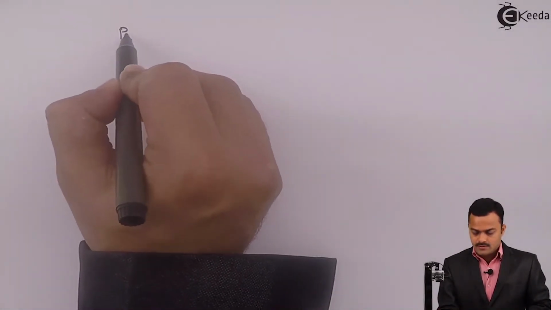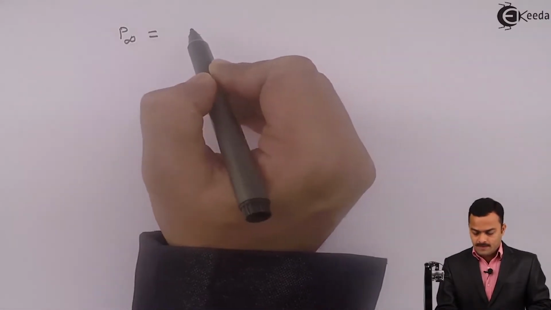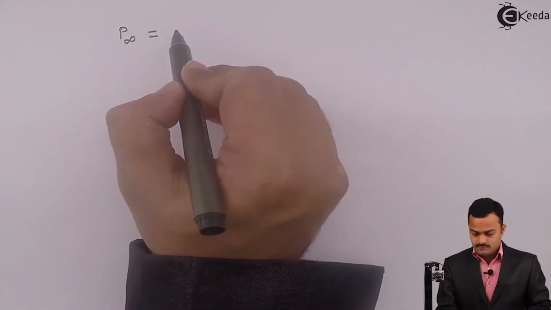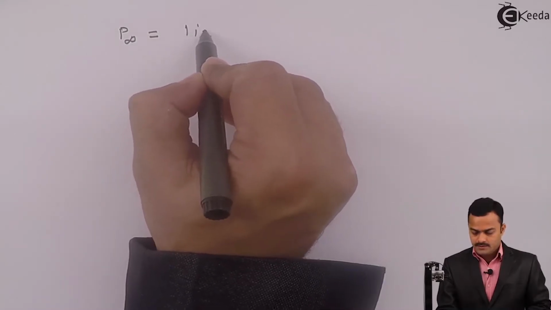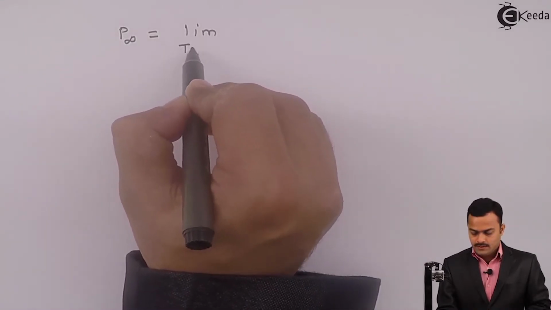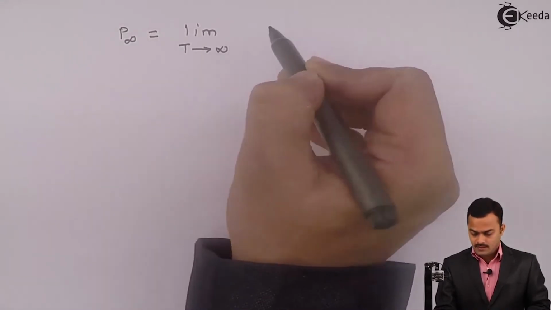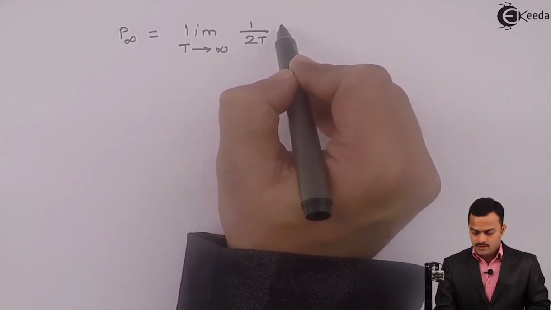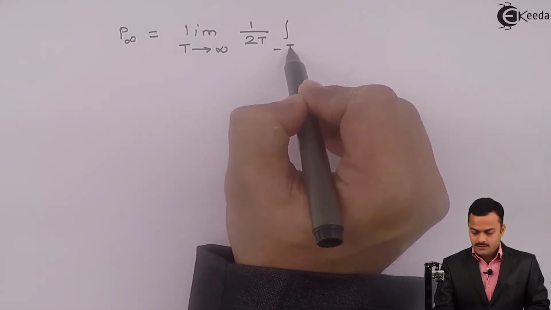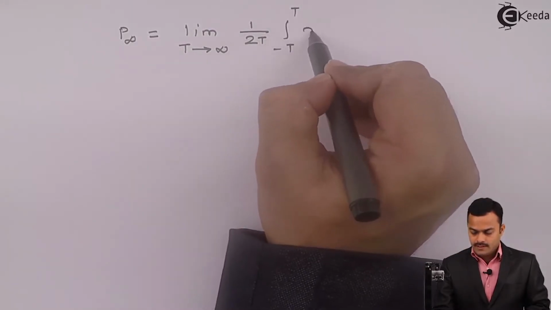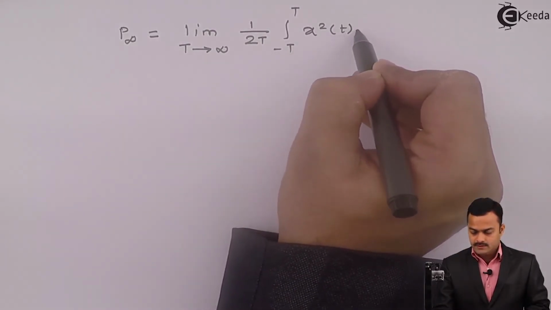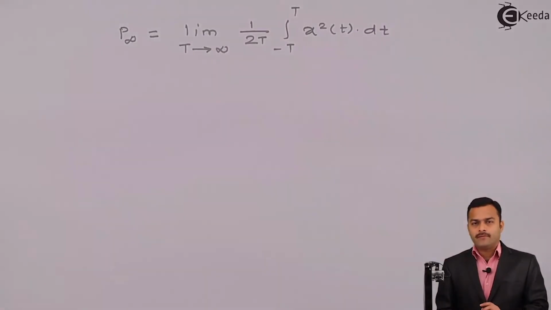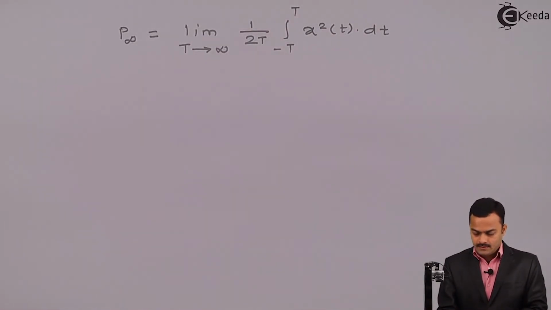The power of any signal is given as P infinity equals the limit t tending to infinity of 1 upon 2t times the integral from minus t to t of x square t dt. So this is the formula for power of any signal.